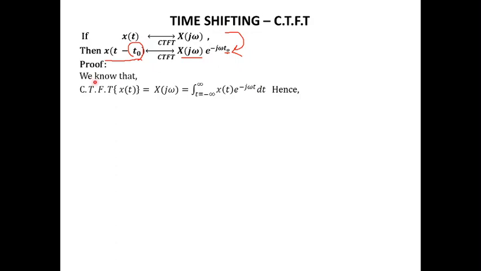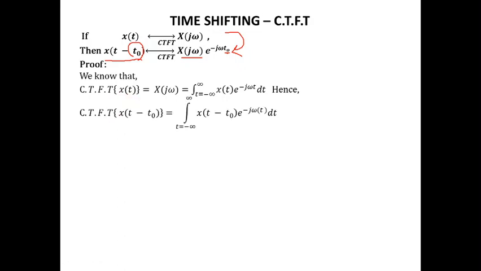So we know very well that continuous time Fourier transform of x of t is nothing but X of j omega, which is equal to integration. So this formula we know. X of j omega is nothing but the continuous time Fourier transform of x of t. Now what we want is continuous time Fourier transform of x of t minus t naught.